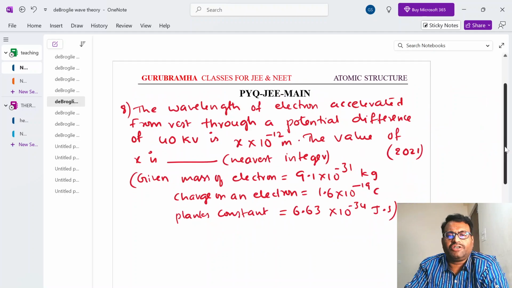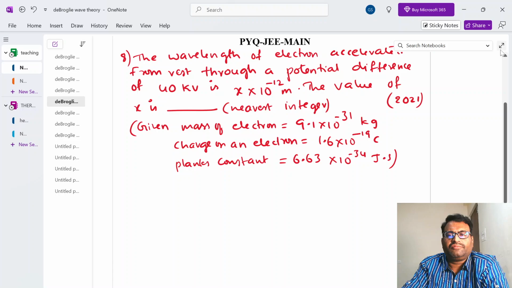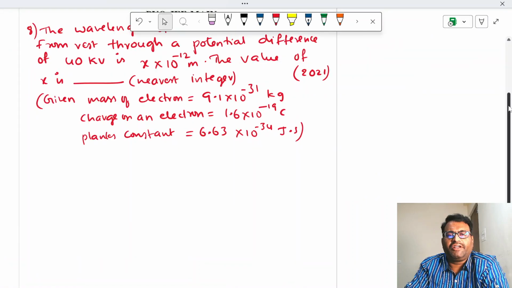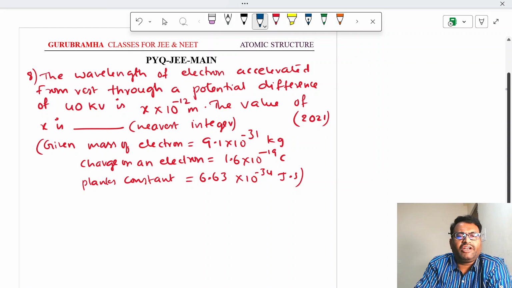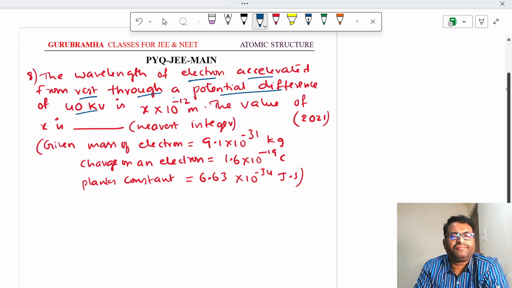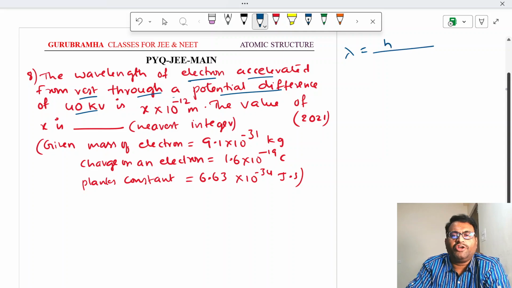Next question is the wavelength of electron accelerated from rest through a potential difference of 40 kV. Again, we know that formula lambda is equal to h by root 2 EV into m.